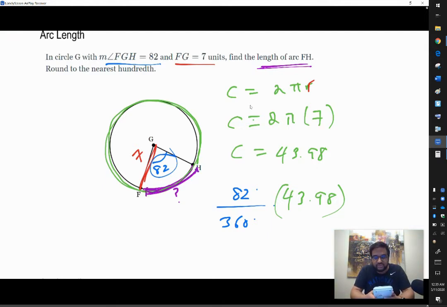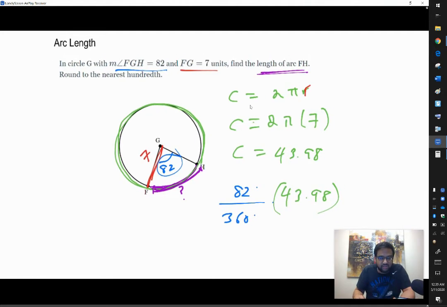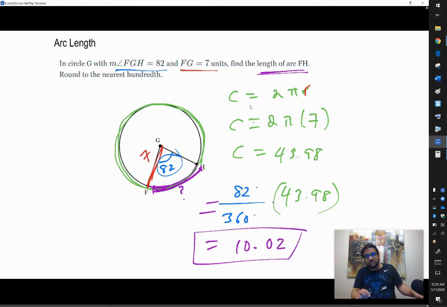So 82 over 360 times 43.98. We expect this answer to be a lot less than 43 because not much of the arc is purple here. And indeed, if you do the math here, you end up with an arc length of 10.02. The full thing is 44-ish. The arc is about 10.